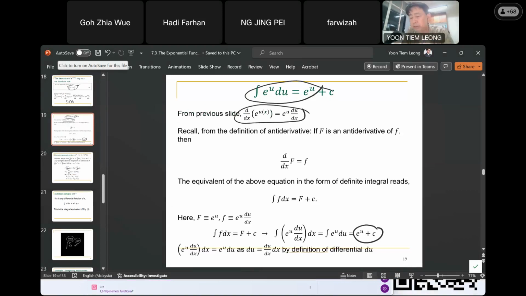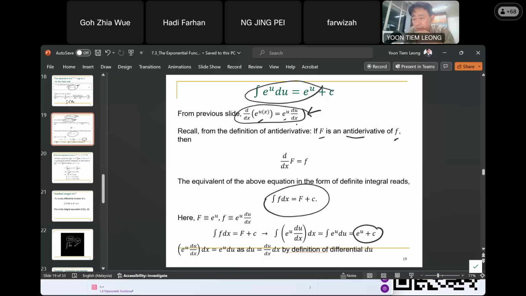This differential equation says the derivative of e^u is e^u du/dx. So you use the relationship between an antiderivative and the integrating function, then you'll be able to show that this is the case.